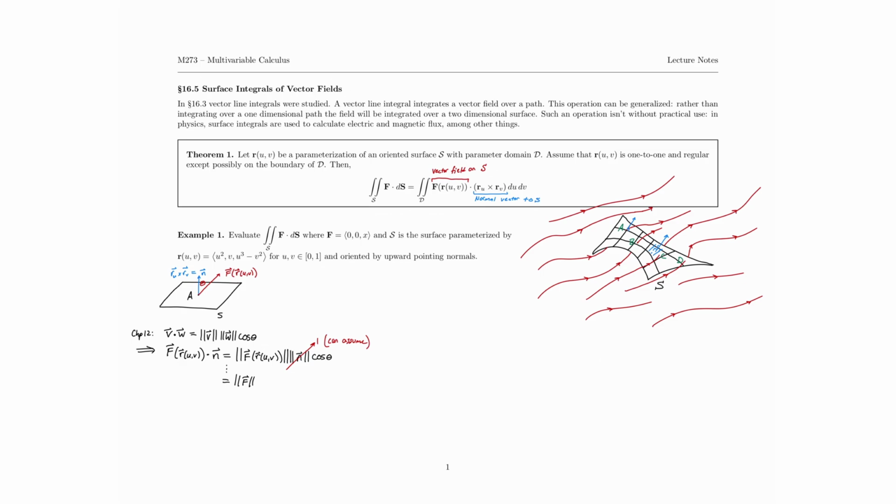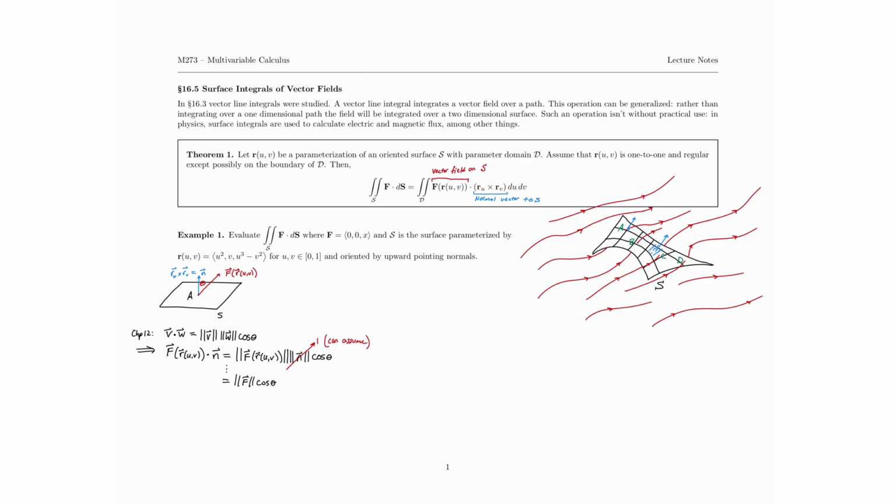This is the strength of f times the cosine of theta, where theta is the angle between the normal direction to the surface and the field line itself. It's this angle.